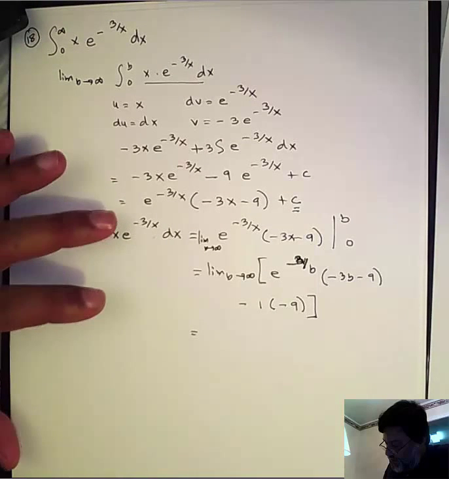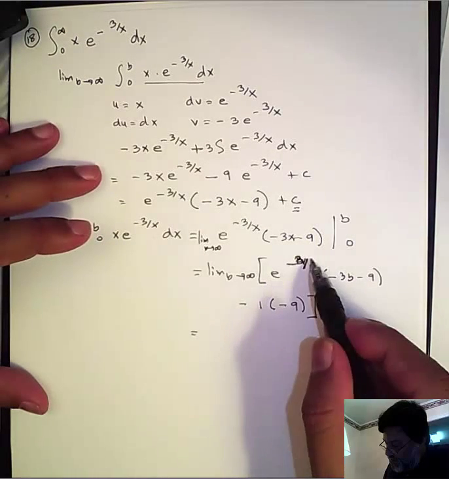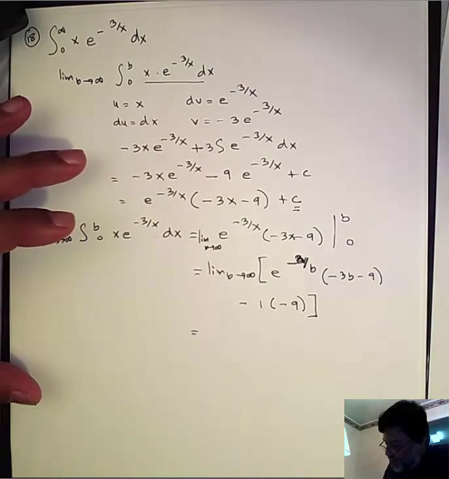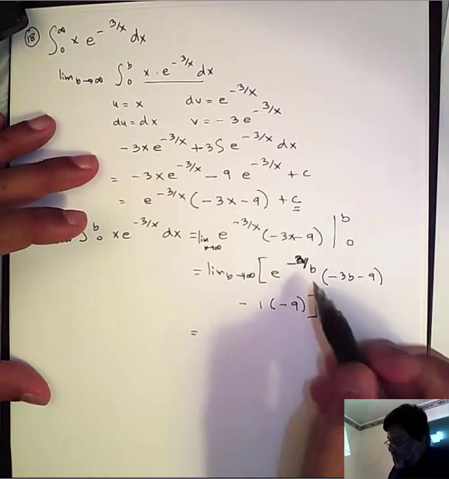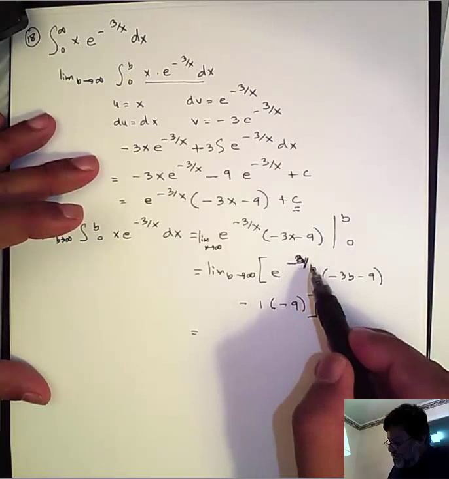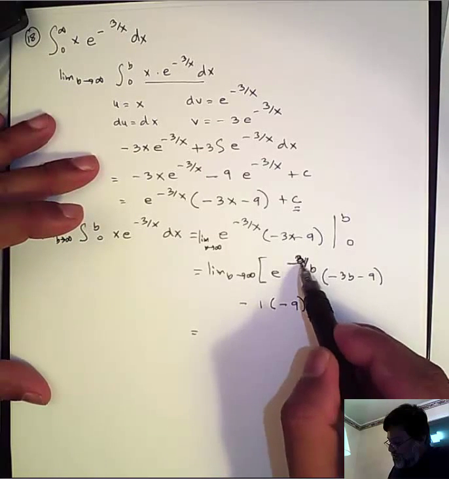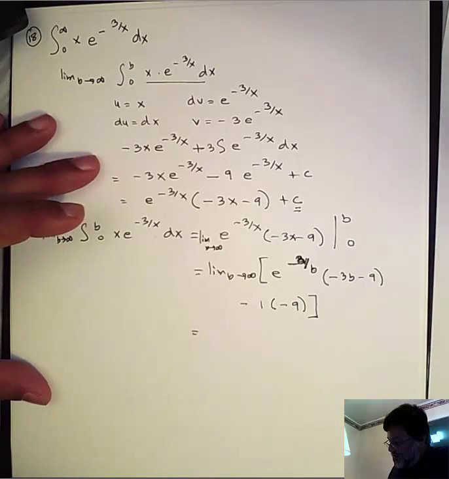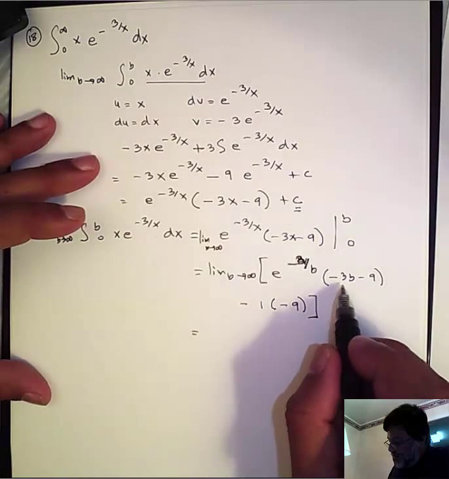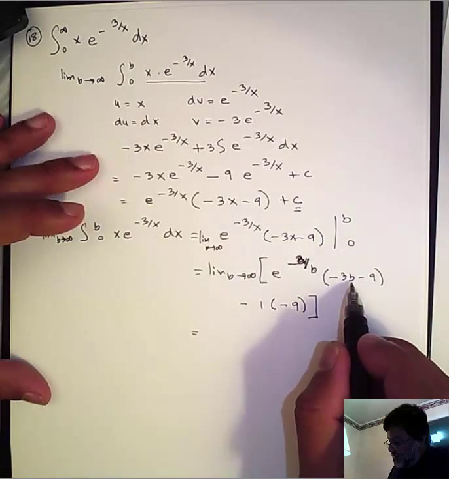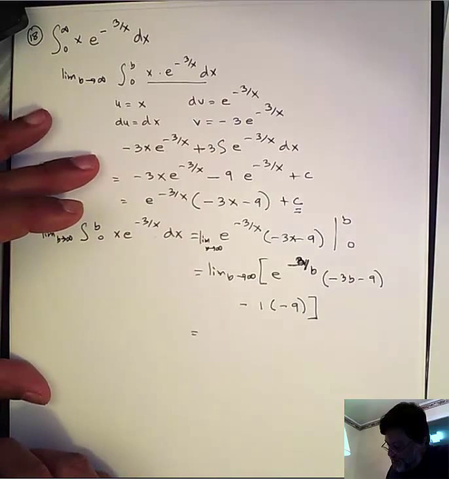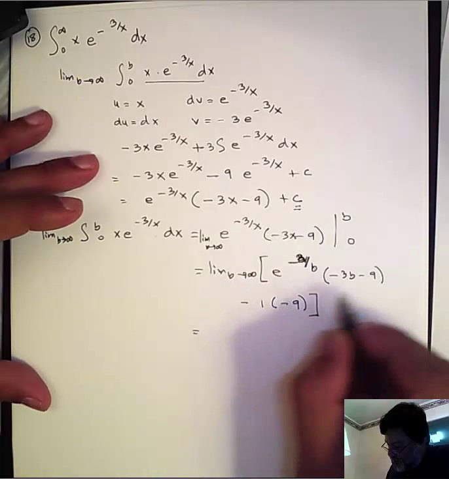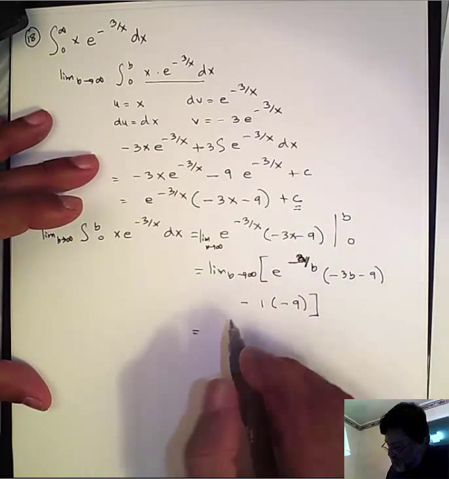So now if I put in infinity, this becomes what? Well, this becomes 3 over infinity, or 3 over infinity is 0, so that's 1, right? And then this is 3 times b minus 9, so what does that become? That one just goes away, 0.